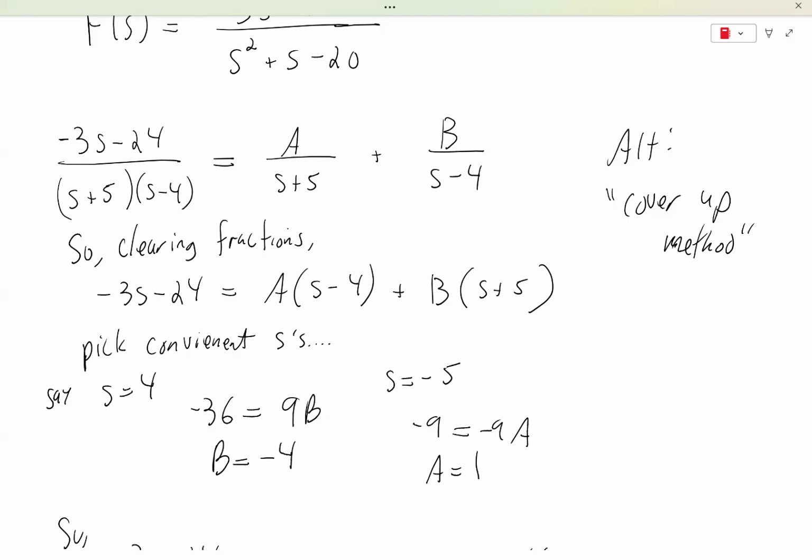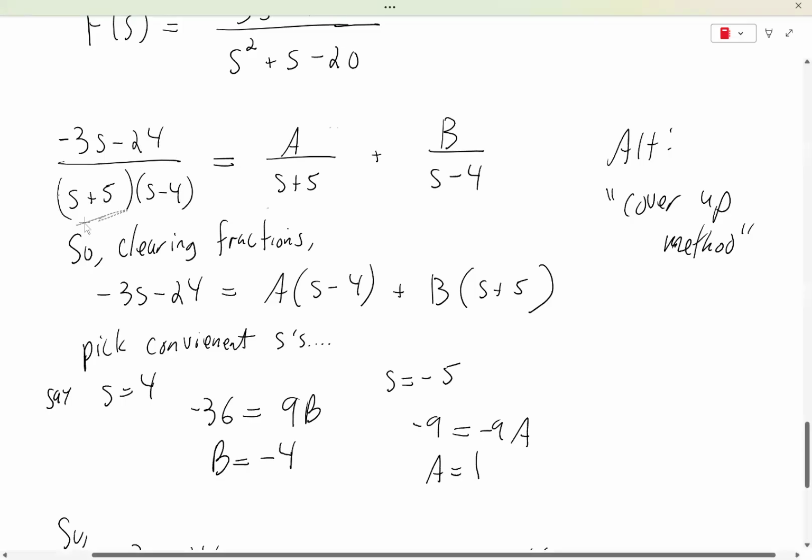Basically, for the s plus 5 factor, if you're trying to find the A, the A has the s plus 5 under it.